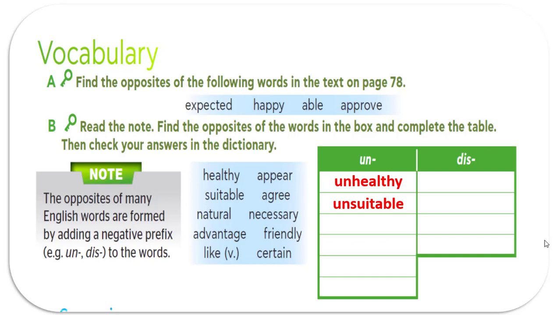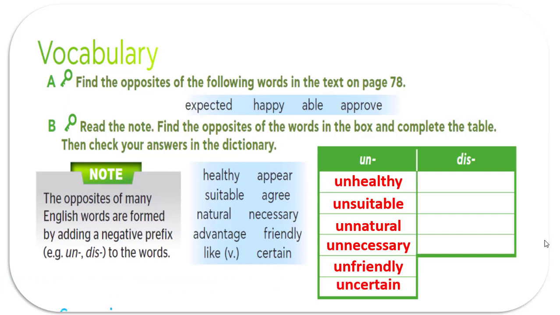Natural becomes unnatural. Then we have necessary. It becomes unnecessary. Friendly becomes unfriendly. And finally, certain becomes uncertain.